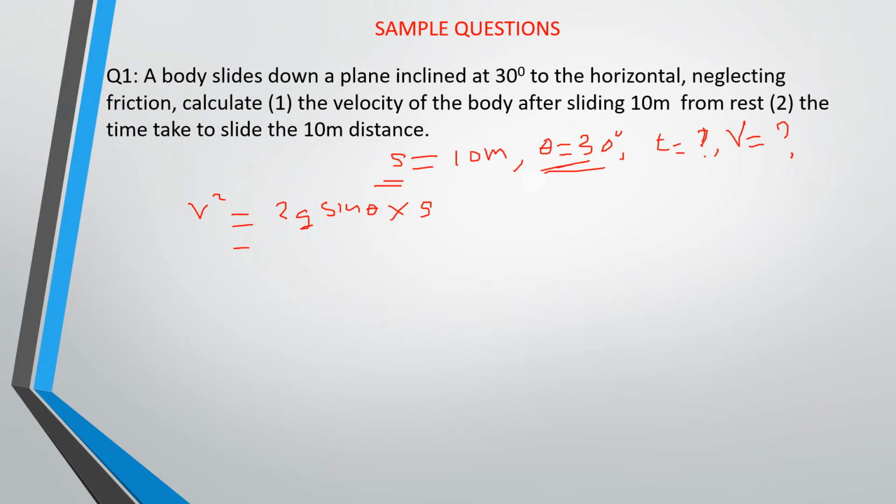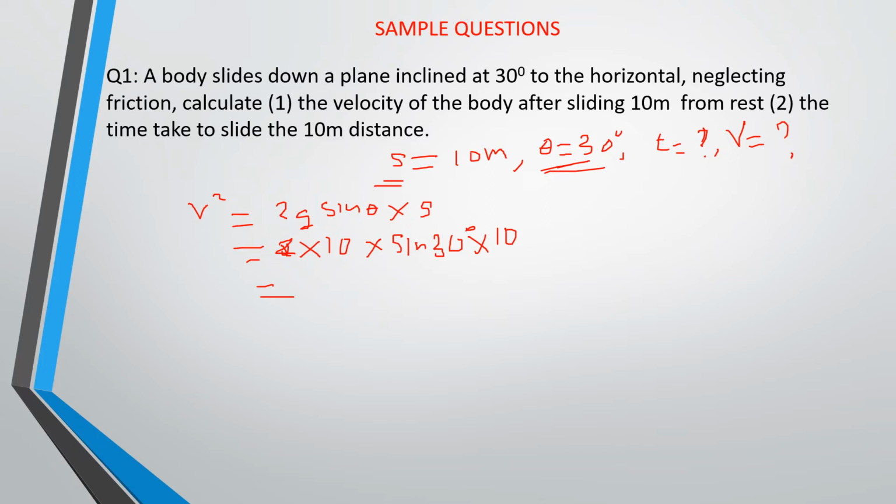So if you substitute into those equations, you have 2 times 10 times sine 30 degrees times the distance, which is 10.